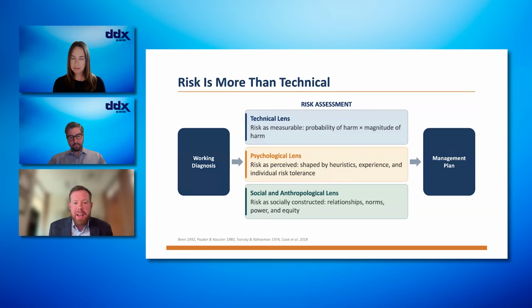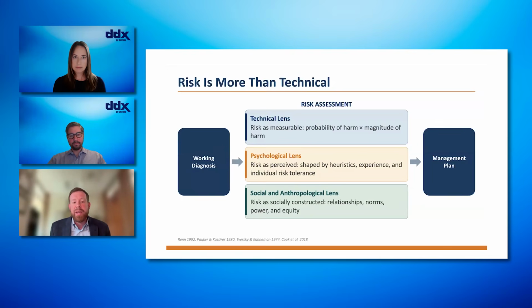It's shaped by our biases, by our lived experience, individual tolerance for risk. And so patients and clinicians do not evaluate risk objectively. And then you have a social and anthropological lens where risk is socially constructed. It's shaped by the relationships, by power dynamics, by the team culture, right?